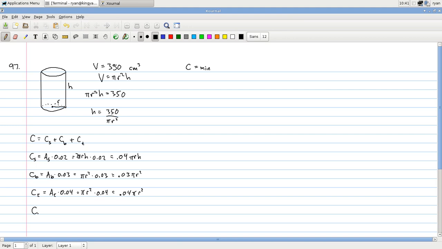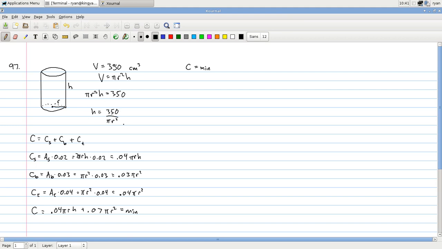This says that the total cost of the can is just the sum of these three values. So this is 0.04 pi rh plus 0.07 pi r squared. And this is the function that we want to minimize, subject to the constraint that h must be equal to 350 over pi r squared.